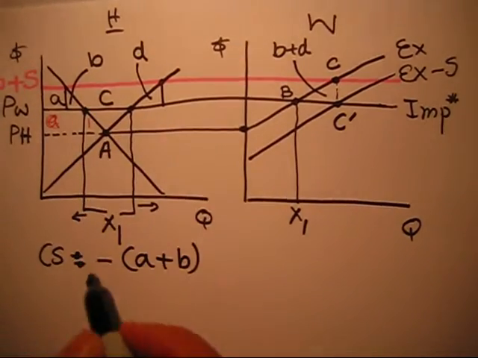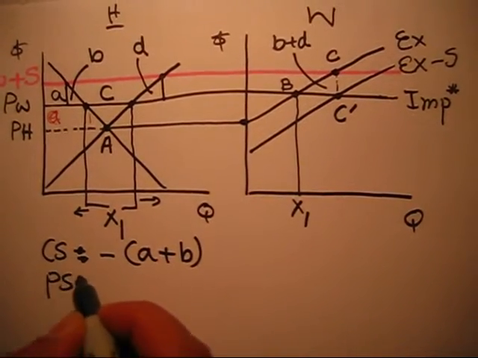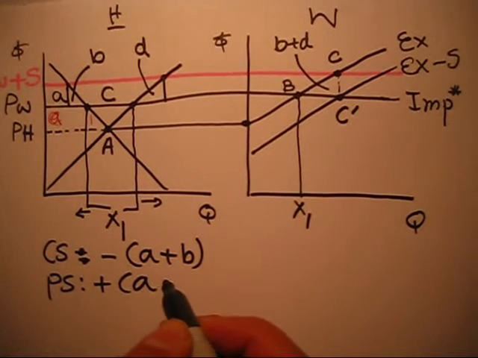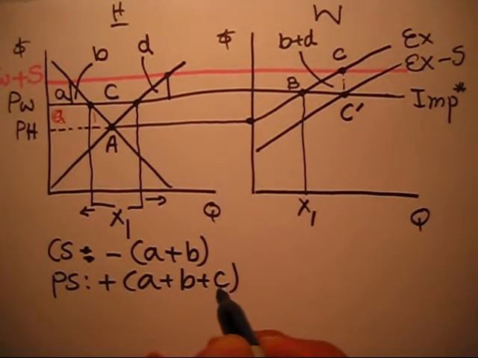A, B, C is included now. Producer surplus increases by A plus B plus C.